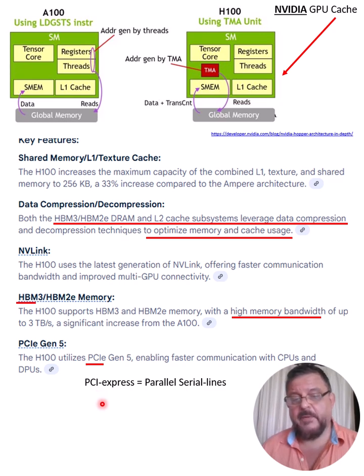But if you don't know what that is, it's serial communication in parallel. So parallel serial lines, and this came about 20 years ago, where everything used to be in parallel within PCs, for example, not in higher performing machines. And then the idea was to go serial and do that in parallel.